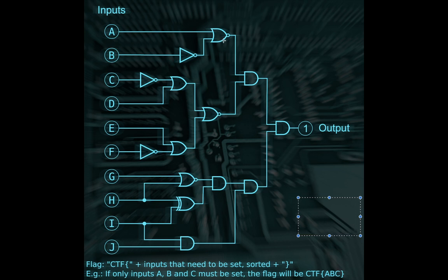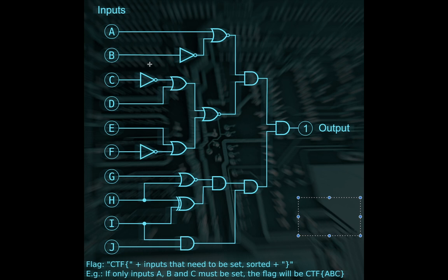Now that's a NOR gate. A NOR gate basically ORs both values of A and B and then negates it, I guess. So this should be 1. To produce an output of 1, the output of OR should be 0, and if the output of OR is 0, then both of these should be 0.